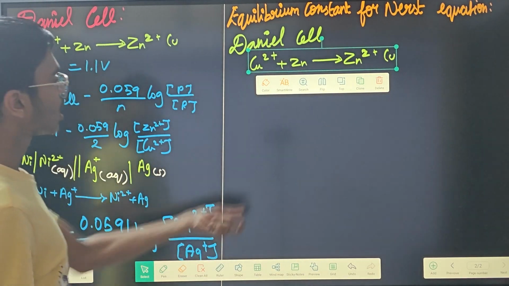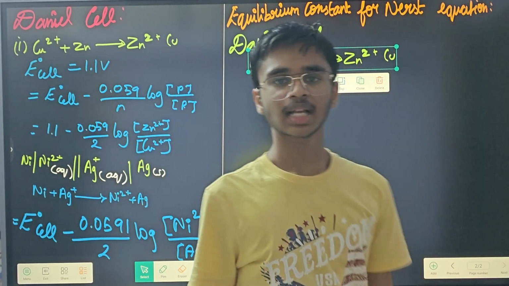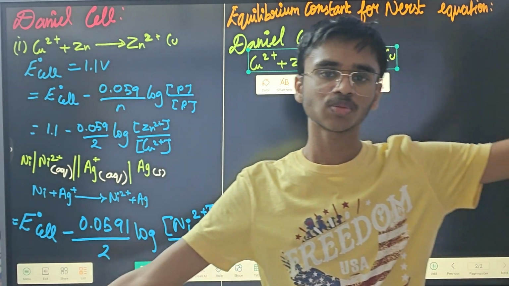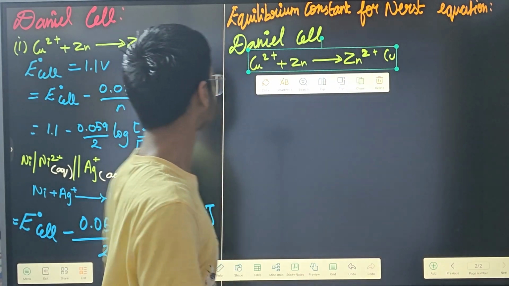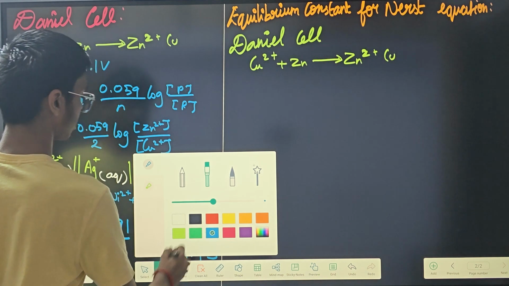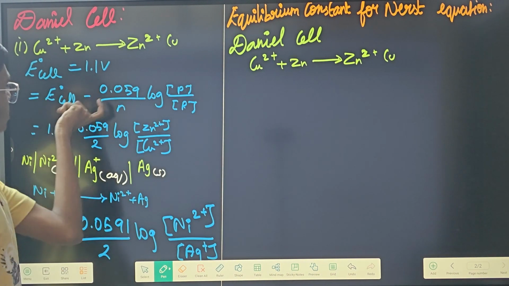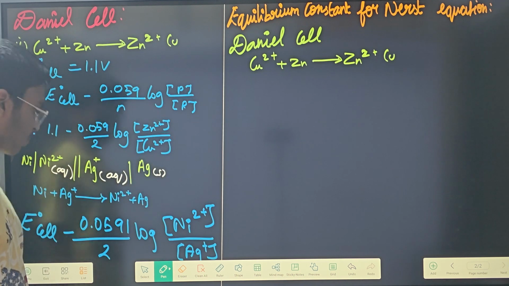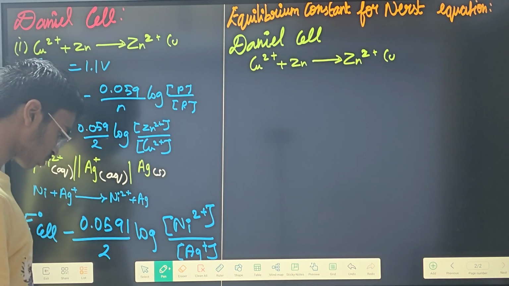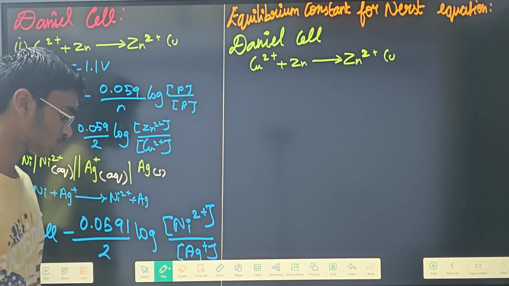All you have to remember is that Cu2+ is on this side and Zn2+ on that side. So I'm going to use this one. Or maybe I can also substitute 1.1. No, 1.1 is not substituted.